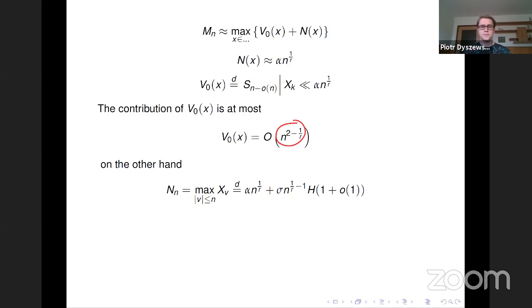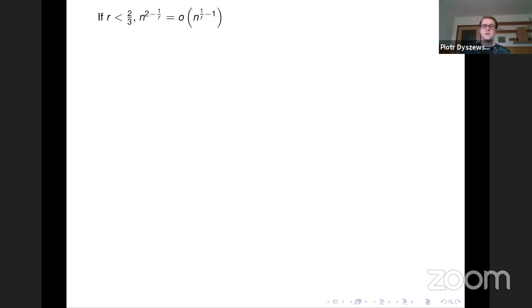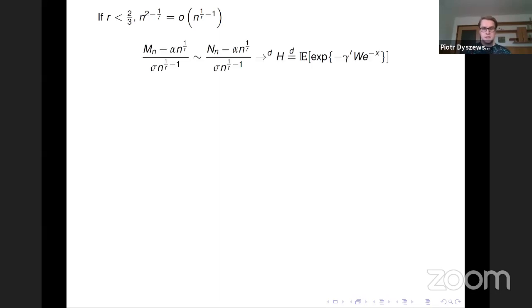On the other hand, we know the behavior of the biggest particle, right? So we have the leading term, and we know what the fluctuations are. So now we just need to compare those two, right? So if r is small, then whatever the contribution of the typical particles is, it's killed by the fluctuations of the biggest particle. And this rightmost particle scales the same as the biggest particle, and you get this nice limit.